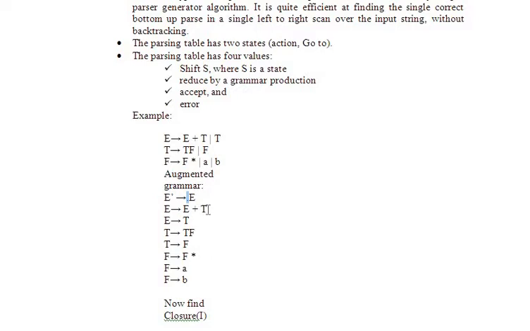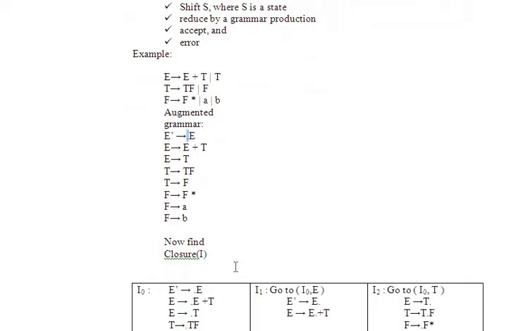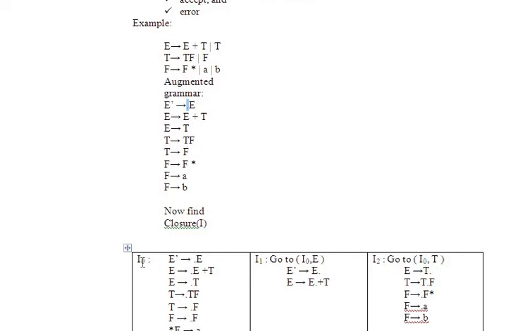E gives E plus T, E gives T, T gives T star F, T gives F. Just separate all these productions. F gives F star, F gives A, and F gives B. So now find closure of I. First your state is I0.